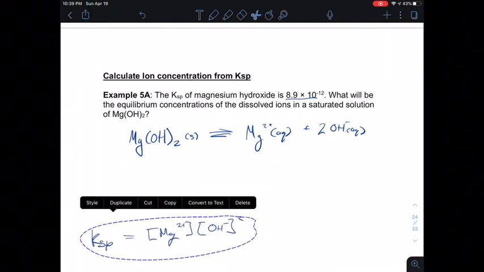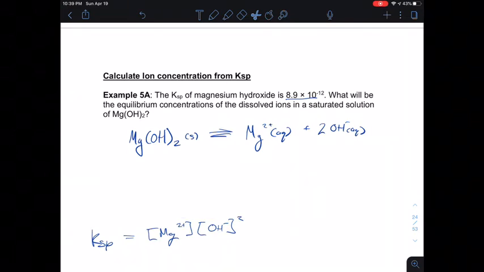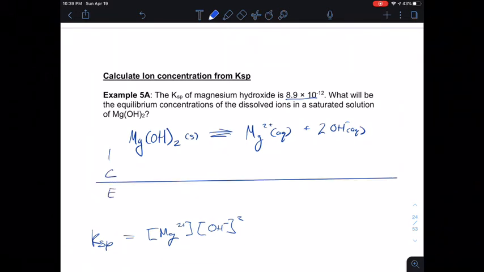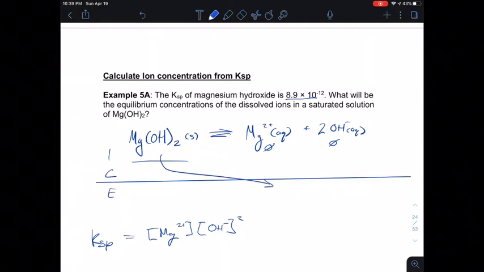I'm going to keep this to the side, as I'm going to go back to an old favorite, the ICE table. So what are the equilibrium concentrations? It's a very simple ICE table. For these two equations, some of this, right? The solid doesn't have a concentration, so we don't care about it. But some of this is going to be converting to these ions.